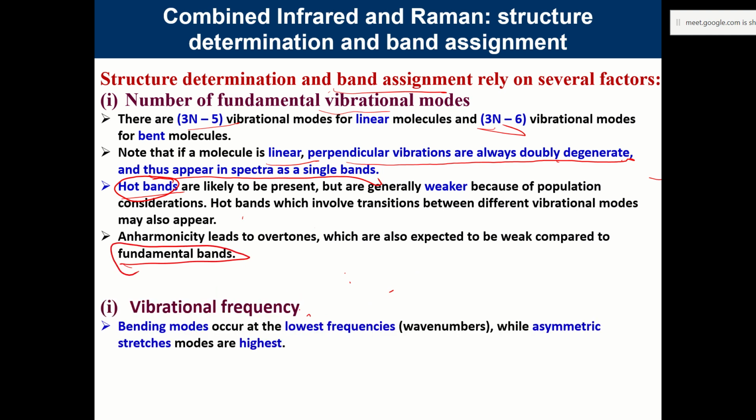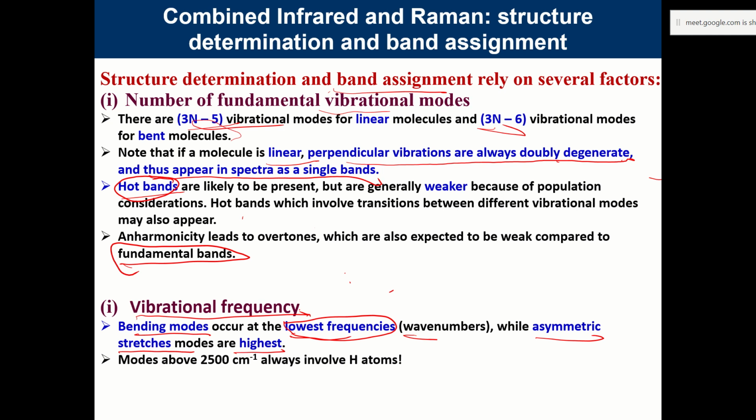Then, number of fundamental vibrational modes, observe the spectrum. Then the vibrational frequencies: bending modes will obviously be at the lowest frequencies, or lower wave numbers. Asymmetric stretching modes will always be highest. So always remember, above 2500 cm inverse there must be a hydrogen atom involved.